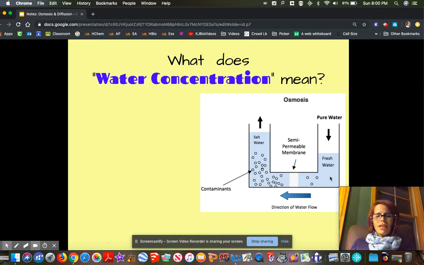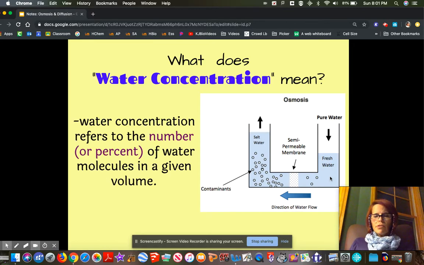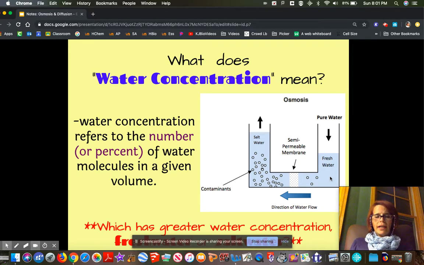So then the question becomes, what does water concentration actually mean? What do we mean by low concentration and high concentration? In the diagram, which one, the left side or the right side, has a higher water concentration? Water concentration simply refers to how many water molecules there are in a given volume. So which has greater water concentration, fresh water or salt water?